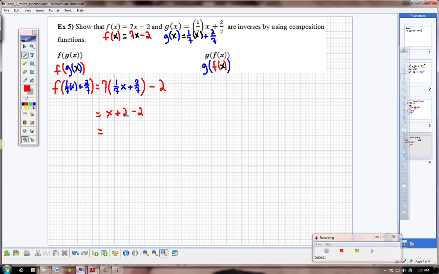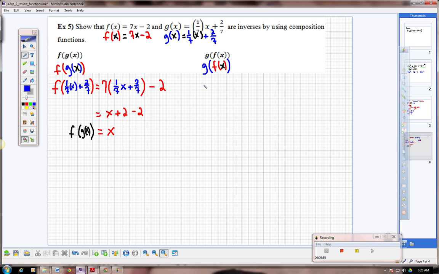I can't combine the x and the 2, so I'm just going to take plus 2 minus 2 to get x. So f of g of x is equal to x. Now, if g of f of x, see how I just switched them around, is also equal to x, I can declare these two functions inverses of each other.